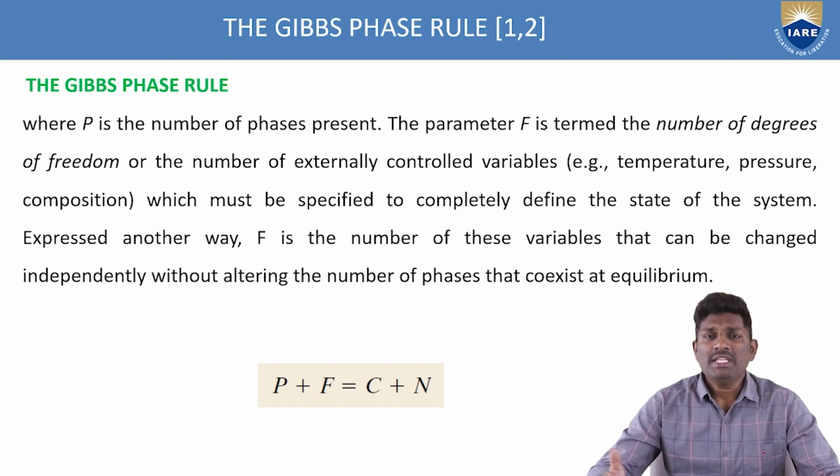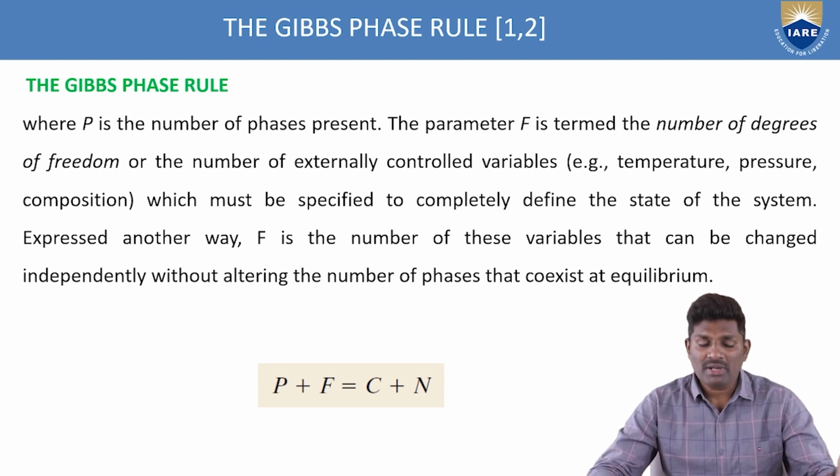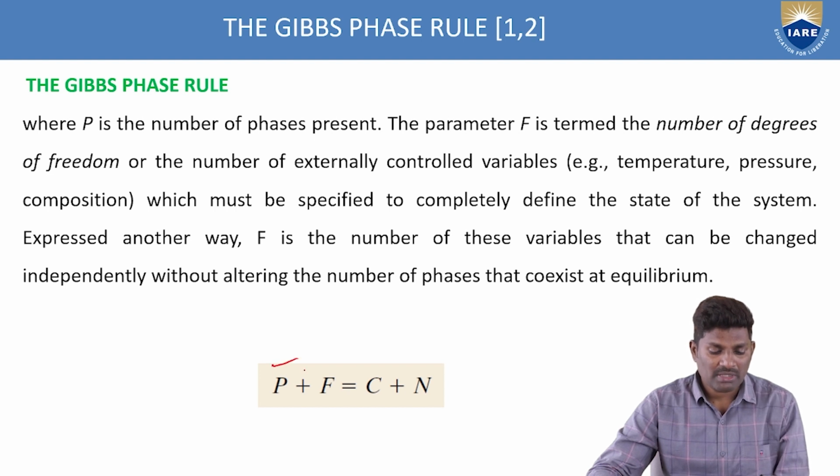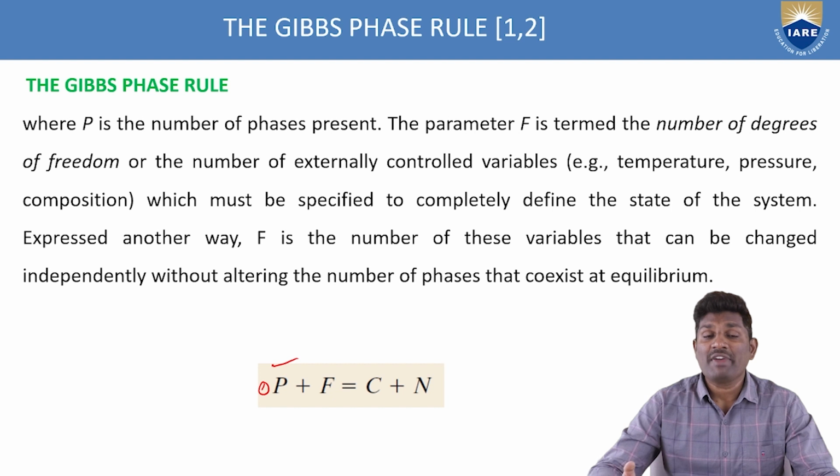Now we'll see each notation in the relation of the Gibbs phase rule, P plus F equal to C plus N. The first one is P, the number of phases present. In this relation, P represents the number of phases present in the system.